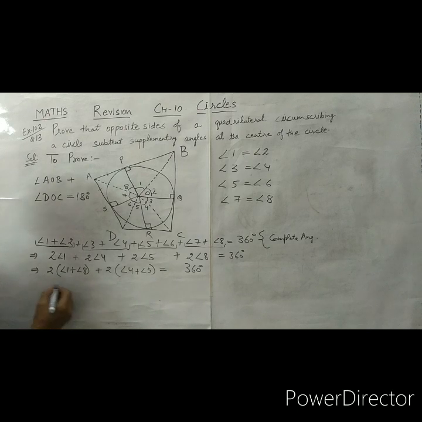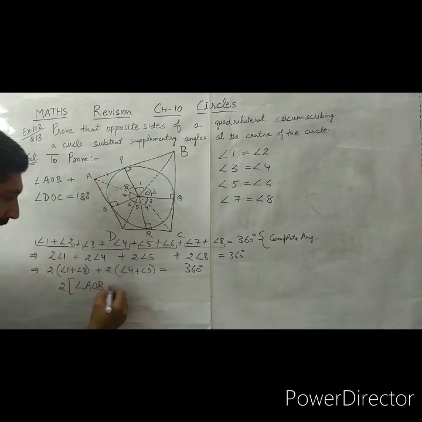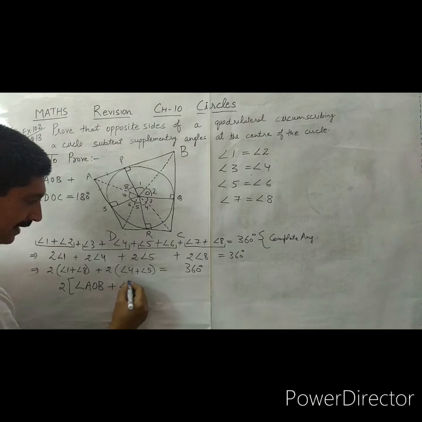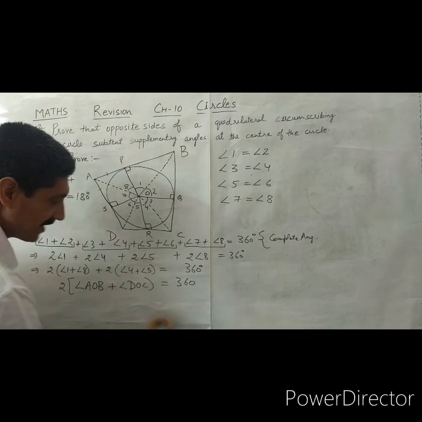So here 2 common, in place of angle 1 plus 8 we can write angle AOB, plus 4 plus 5 is angle DOC, is equal to 360 degrees.